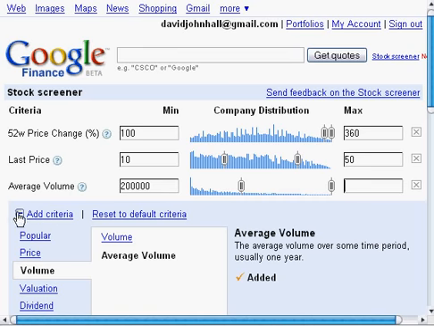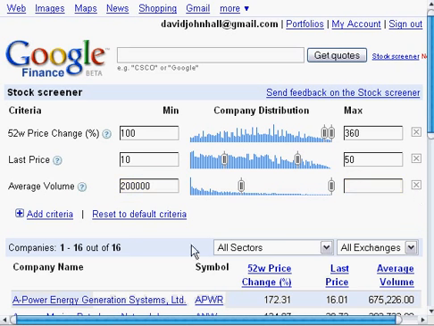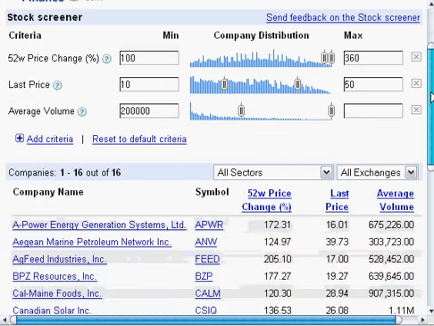So what we'll do is we will close down the criteria window and we'll find that we are left with 16 stocks out of the 7,000 plus stocks trading on the market. And that is a very manageable number. It's a number that we can watch daily and monitor for price moves.